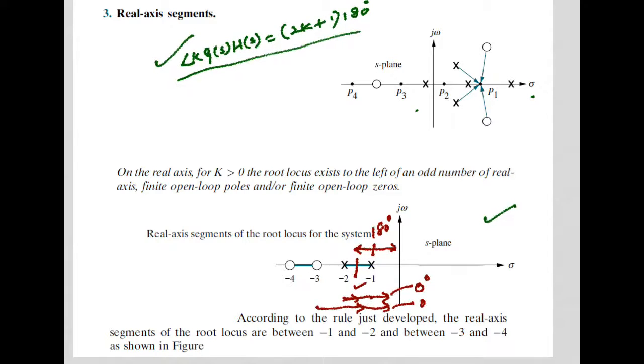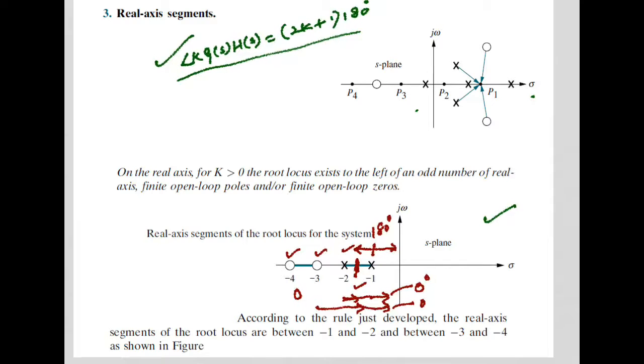Similar is the case with -4 also. So from this, what do we conclude? We conclude that the angular contribution of any poles or zeros to the left of a particular point is 0.